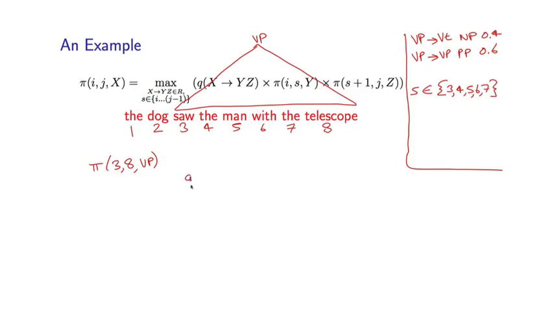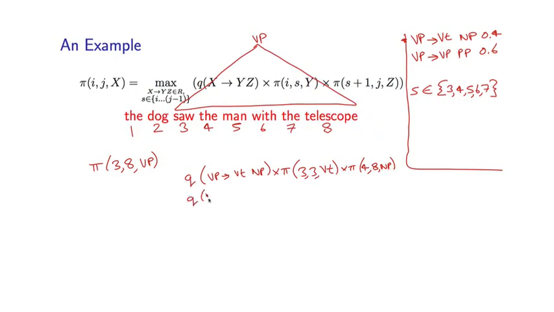So I can compute q of VP goes to Vt NP times pi of 3, 3, Vt times pi of 4, 8, NP. So that's one option. So I can calculate this value. So this is the case where I choose this rule here, and I choose the split point equal to 3, and so pi of i, s is 3, 3, Vt, and pi of s plus 1, j is 4, 8, and z is NP.